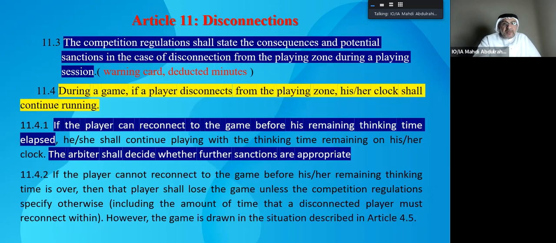So during the game, if the player disconnects from the playing Zoom, his clock shall continue running until he loses by time. If the player cannot reconnect to the game before his remaining thinking time elapses, the arbiter shall decide whether further sanctions are appropriate.